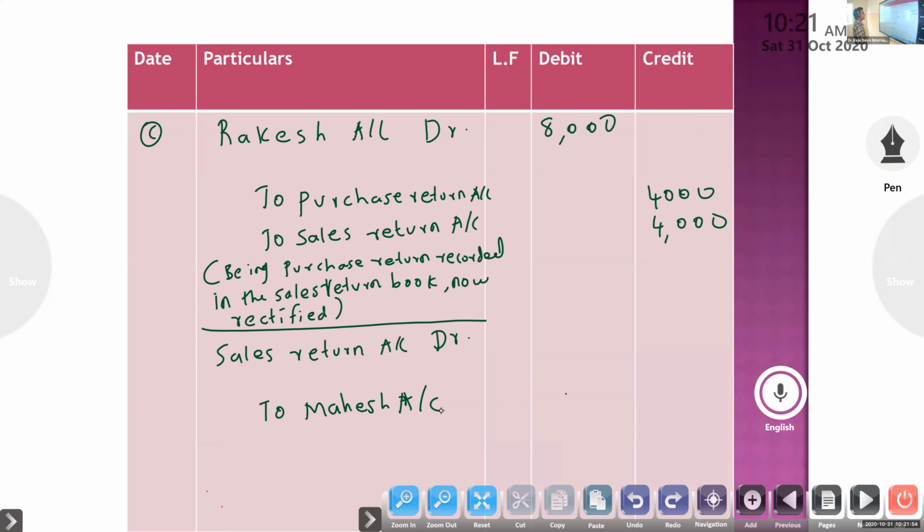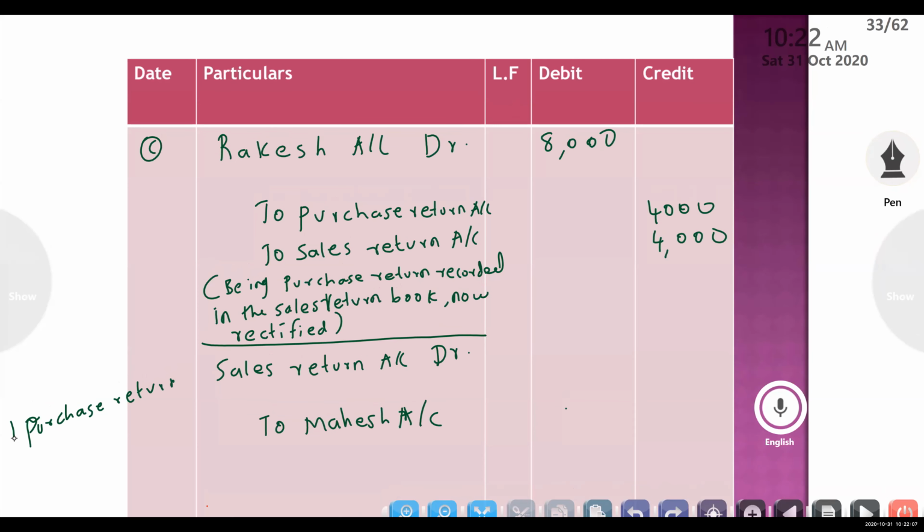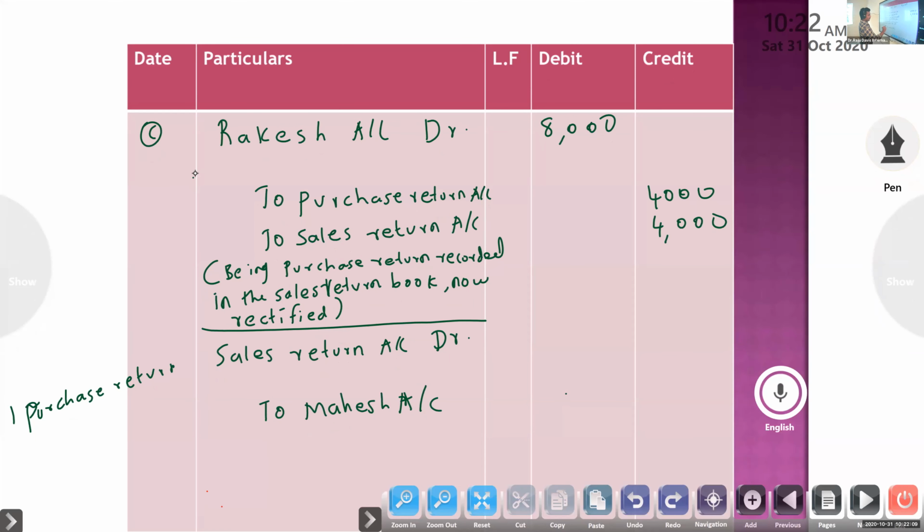So Anila, purchase return is debit or credit? Credit. Okay, so to rectify what we have to do? Debit. So debit purchase return. So amount 1,000, 1,000, 2,000.